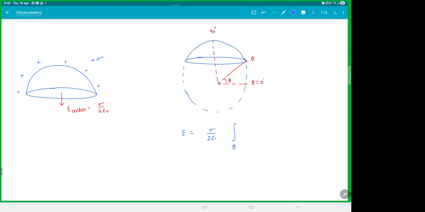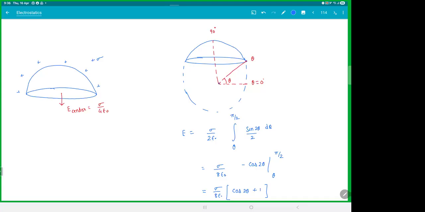Sigma by 2 epsilon, limits go from theta to 90, sine 2 theta by 2 d theta. That would be sigma by 4 epsilon, and the integral of sine 2 theta will bring one more 2. So that will be sigma by 8 epsilon, minus cos 2 theta from theta to 90. Cos 0 is 1, so we get cos 2 theta plus 1.